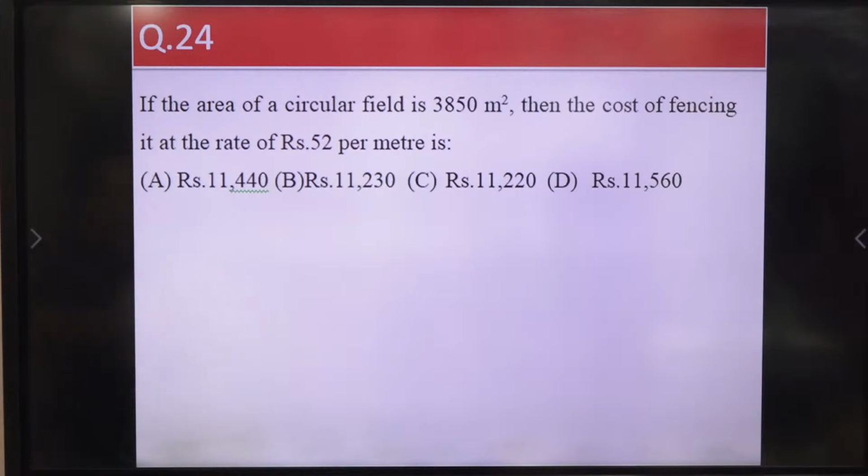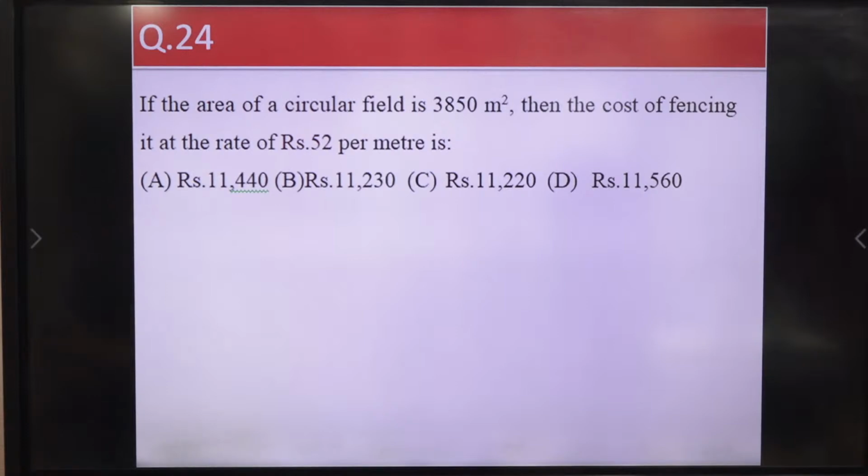All of you solve this problem from mensuration, circular field. Anyone who got the answer, please write your answer in the chat box. SS Gupta is getting option A. Any other? Sonu Kumar, Hemlata.